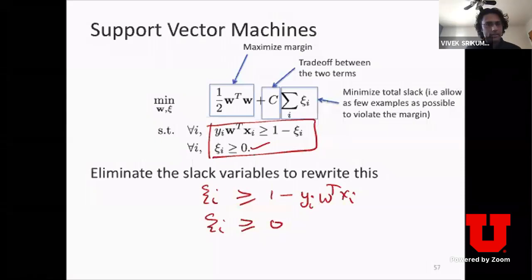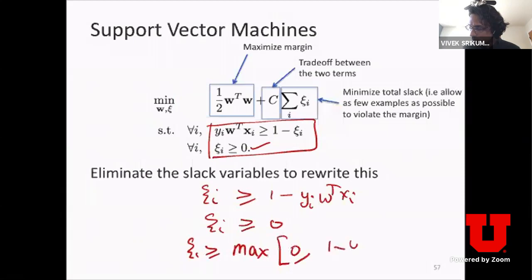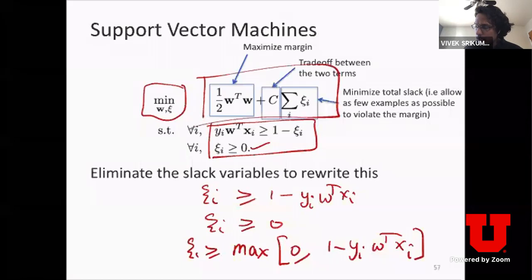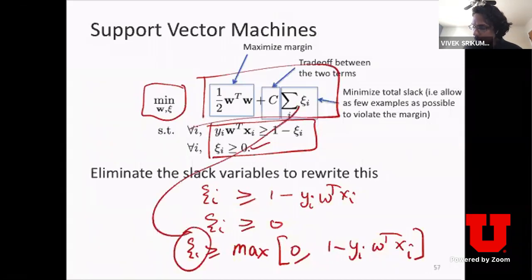So the slack is greater than 1 minus y w transpose x, and it's also greater than 0, which means the slack is greater than or equal to the max of 0, 1 minus y i w transpose x. I can just make it slightly more compact. Notice that the slack is always going to be greater than that. And because we have a minimization problem, we can construct a bound for this objective by plugging in this expression here.